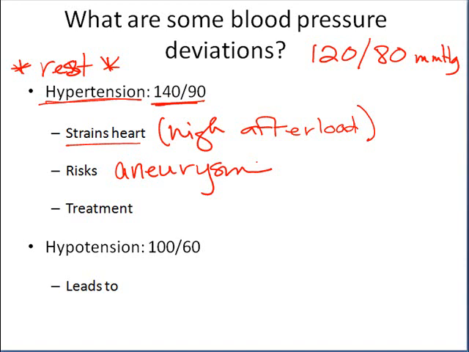Another risk if you have hypertension is kidney failure, because the kidneys have a lot of capillaries in them. Those capillaries are used to filter the blood and form urine. Remember I said capillaries are delicate structures. If blood pressure is high, they can tear and then they scar over and then they no longer function properly. So over time, you can damage kidney capillaries to the point where your kidneys can no longer function appropriately and you go into renal failure as a result.